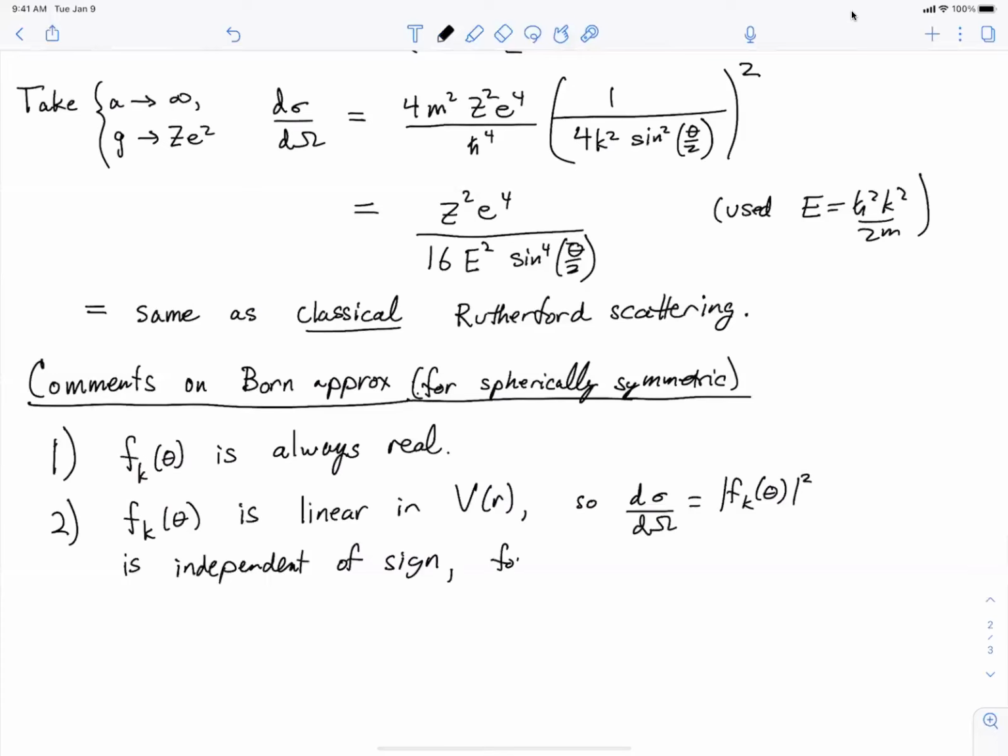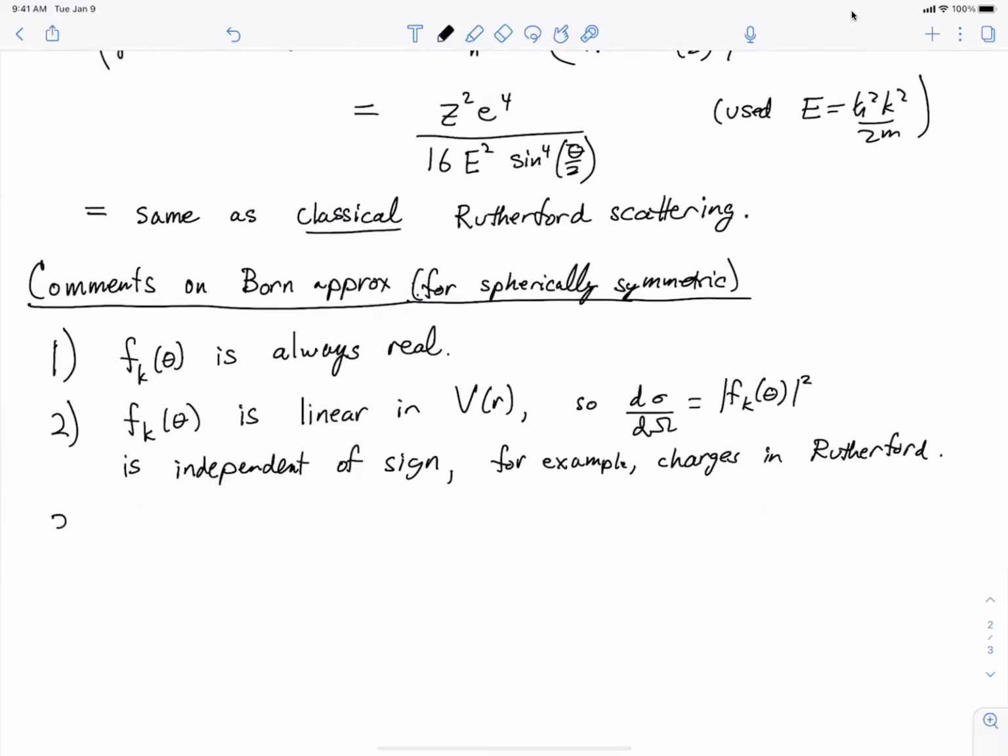So for example, the charges in Rutherford scattering, it only cares what the magnitude of the charges is. And so therefore, this is saying within the Born approximation, you can't tell the difference between an attractive potential and a repulsive potential. If they have the same strength, they give the same scattering, regardless of whether they're attractive or repulsive.